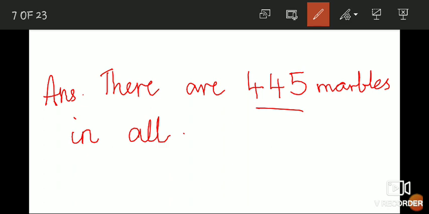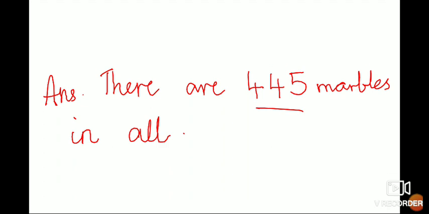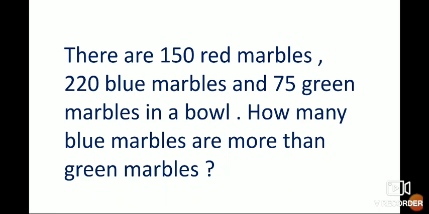Now, I'm going to frame a problem with the same information in subtraction. Do watch it. There are 150 red marbles, 220 blue marbles and 75 green marbles in a bowl. How many blue marbles are more than green marbles?